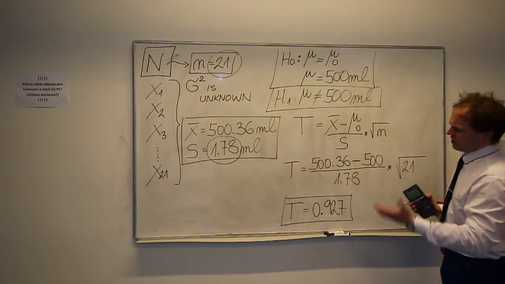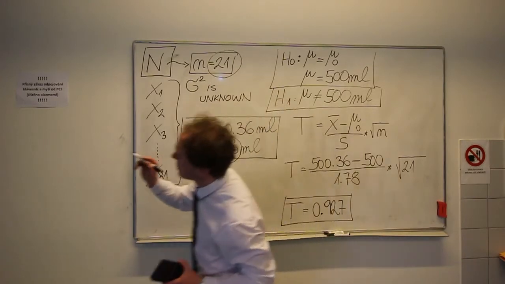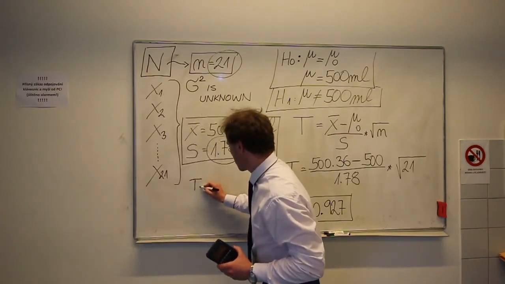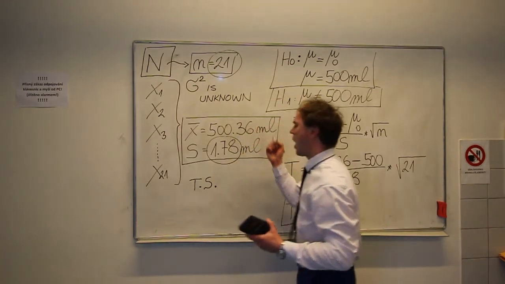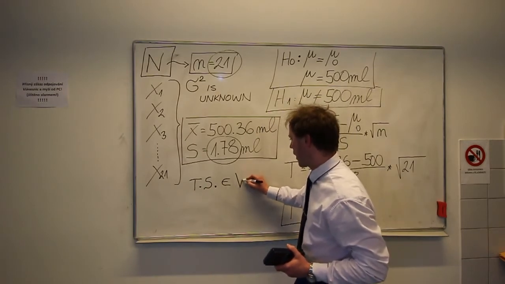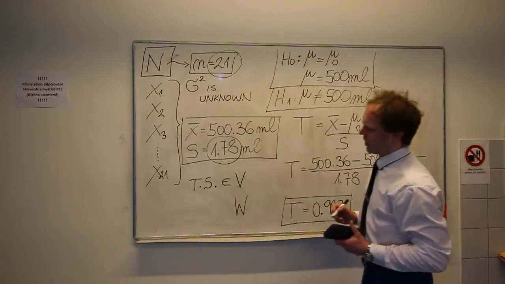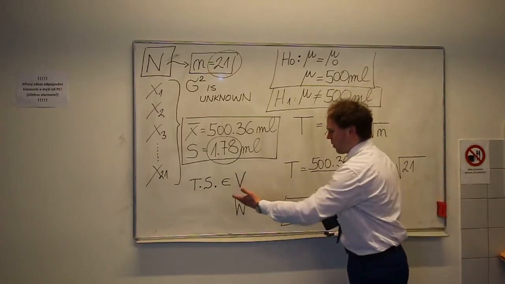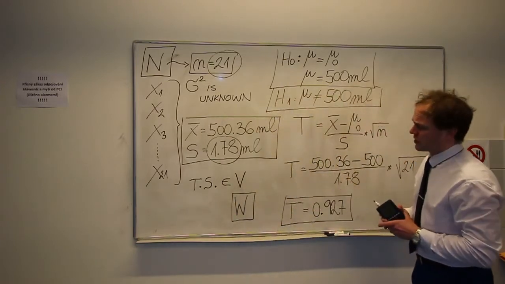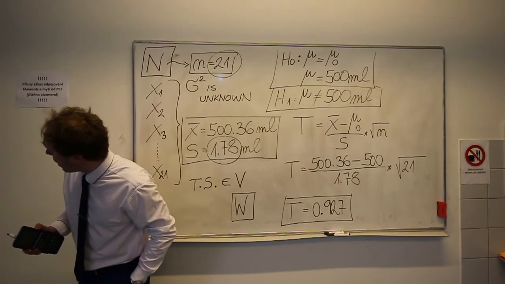Okay, so this is the value of the test statistic, and now it's very important to say that this test statistic, test criteria, in general, can be an element either of the region of acceptance V or the rejection region W. The rejection region is more interesting for us, and this is the reason why we have written these rejection regions in our formulas.